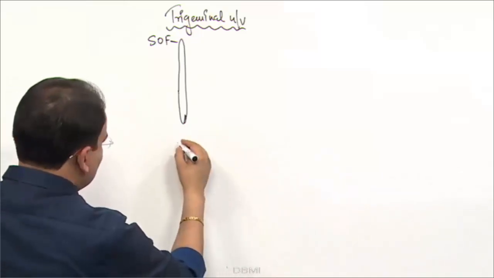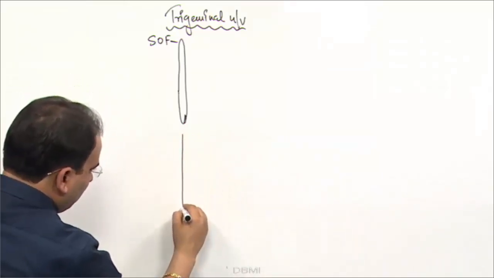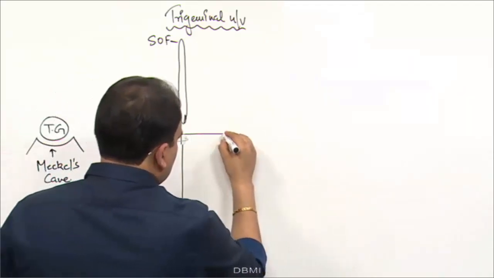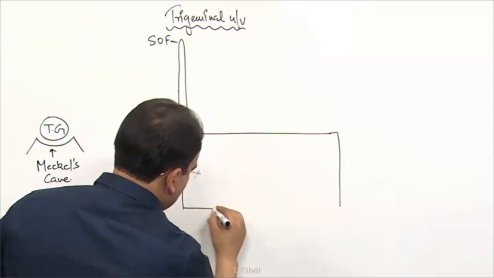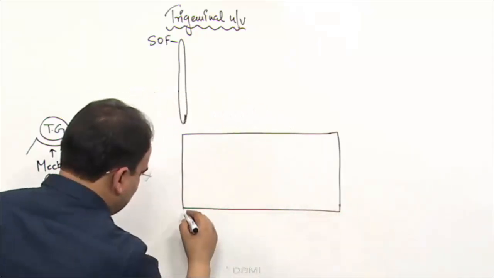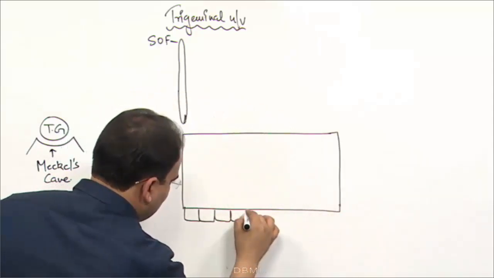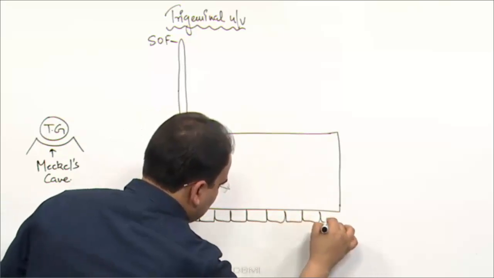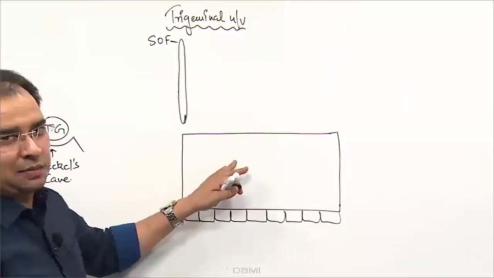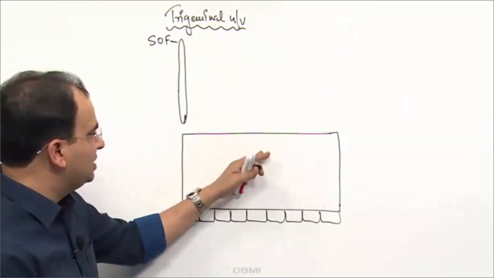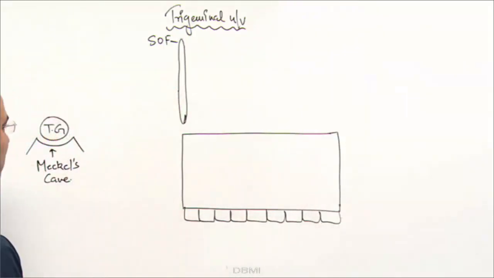Now let's just say this is maxilla here, with maxillary sinus. Let me just draw schematically. These are the maxillary teeth, although everything looks the same. Just a schematic picture here. This is a maxilla with maxillary sinus inside, and there is the superior orbital fissure.